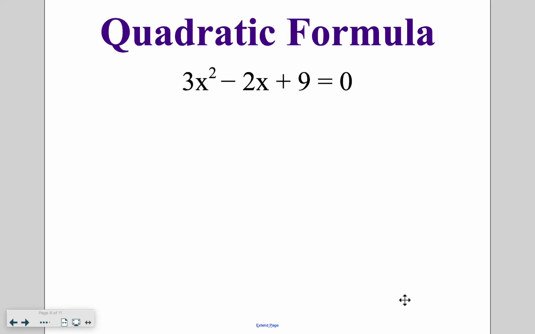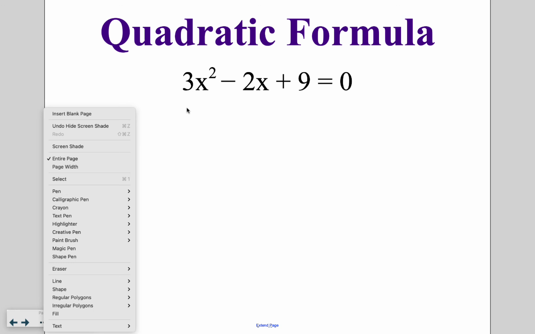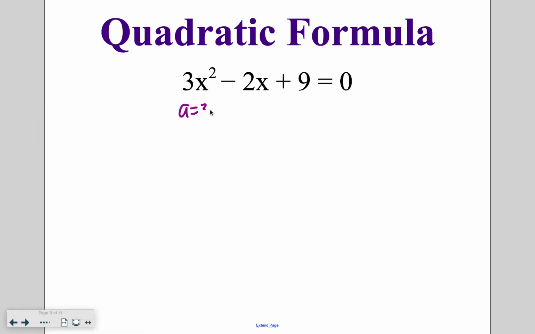Next piece we have here, once again, we are going to go through and we have a is equal to 3, b is equal to -2, and c is equal to 9.